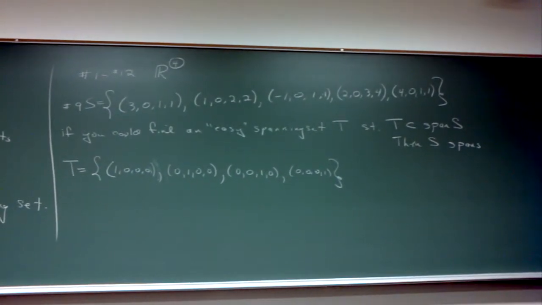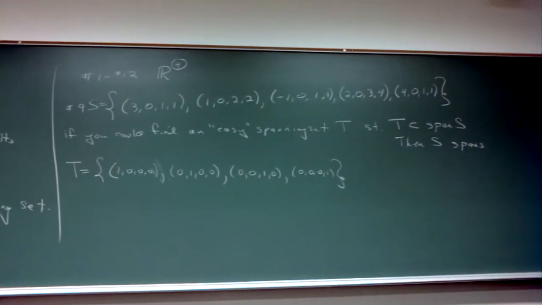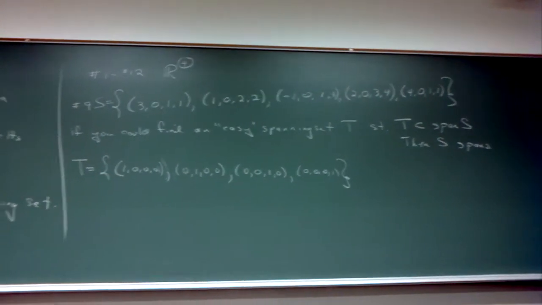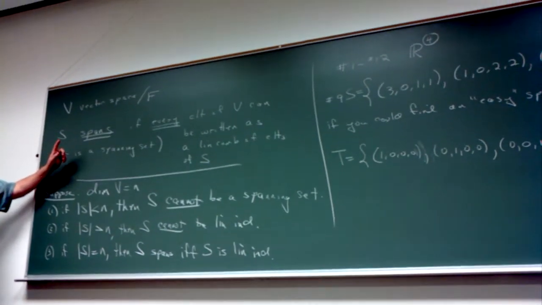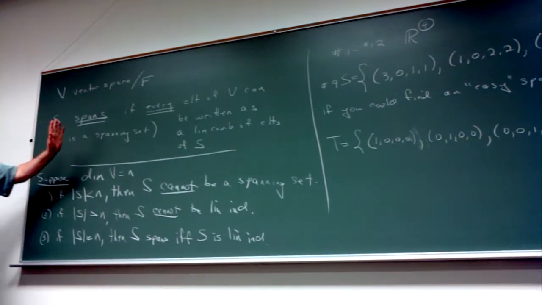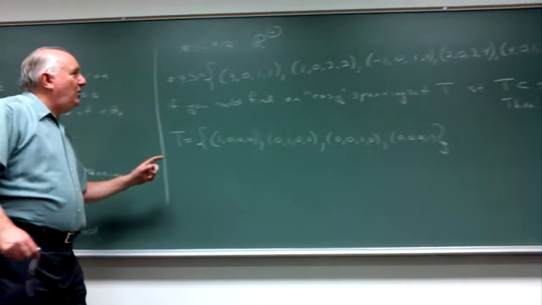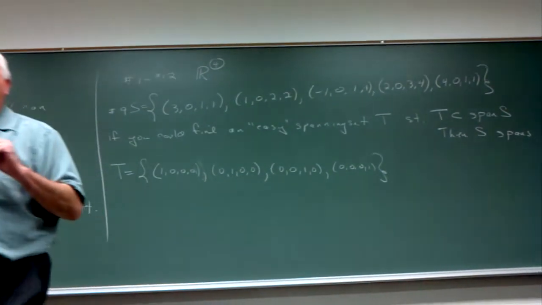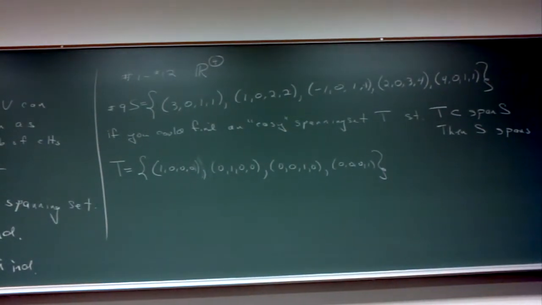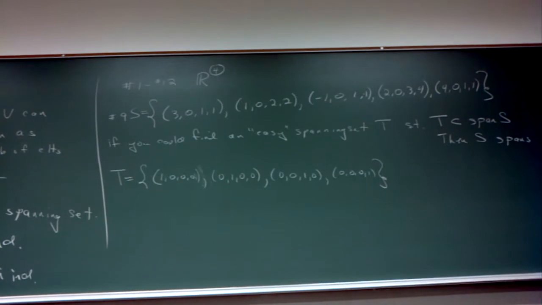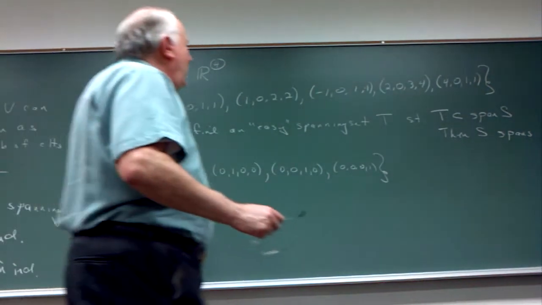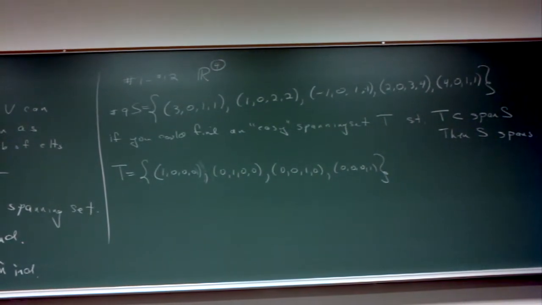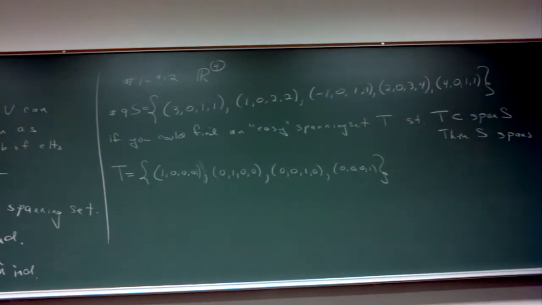Now, technically speaking, to show that you're a spanning set, you need that every element of the vector space is a linear combination of the things in S. But it turns out you only have to show that these four things are each linear combinations of things in S. So, I have to show that each of these four things can be written as a linear combination of these things.